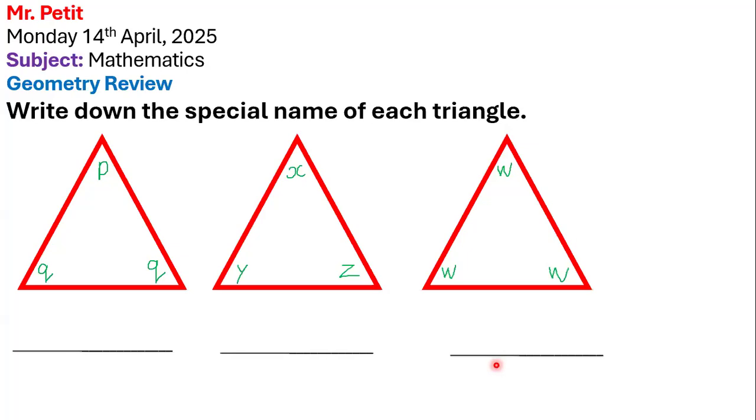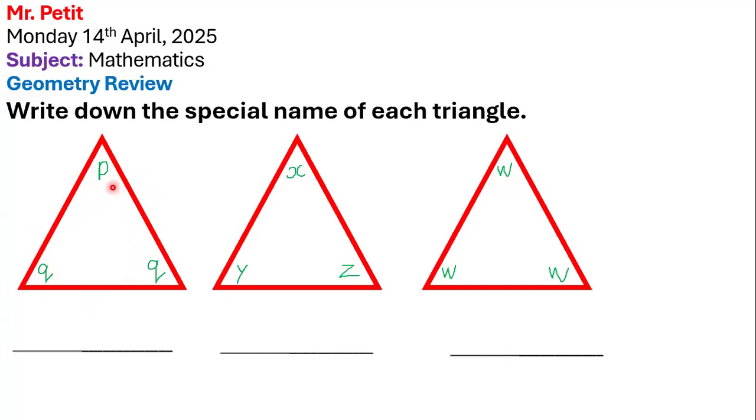Anyone else? I thought you were pointing at the first one. That's the isosceles. Sorry, I'm pointing at the first one. Equilateral or isosceles? How many persons think it's isosceles?